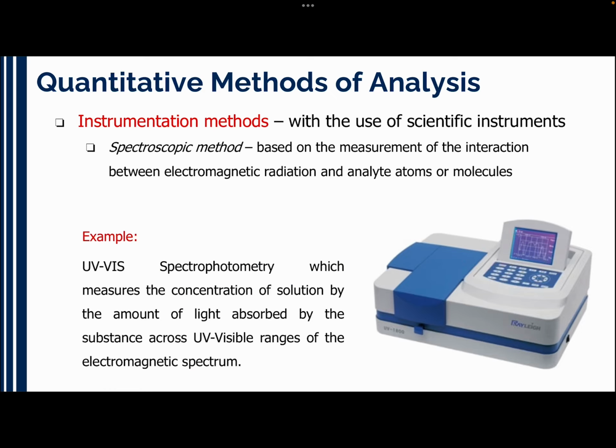So for example, if you are tasked to determine the concentration of iron in your water, so we can use the UV vis para ma-determine nato kung pila yung concentration.